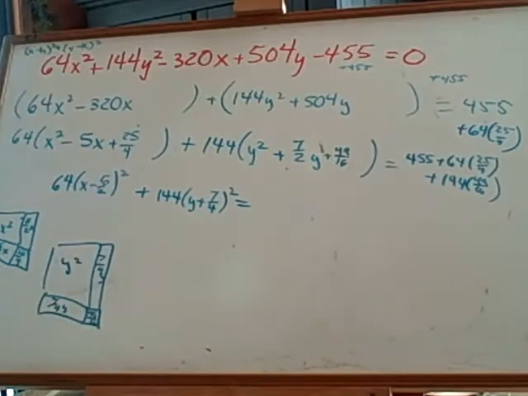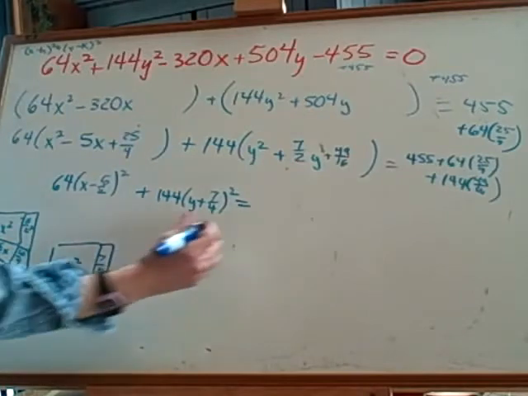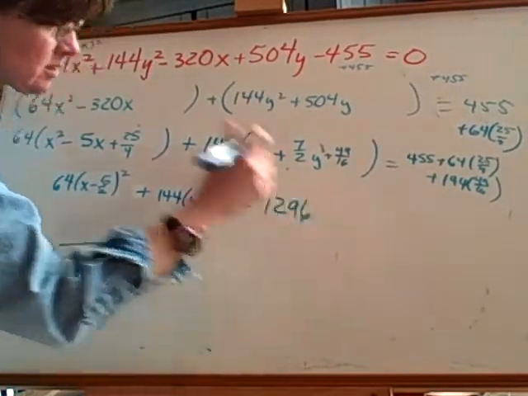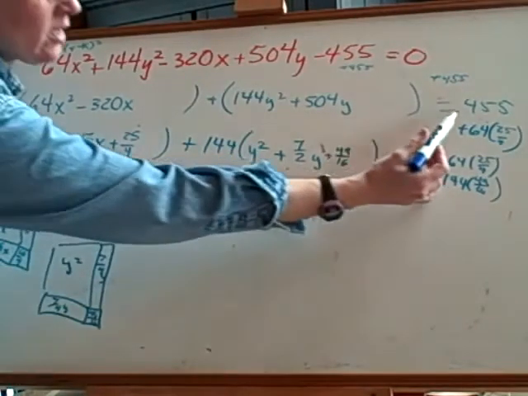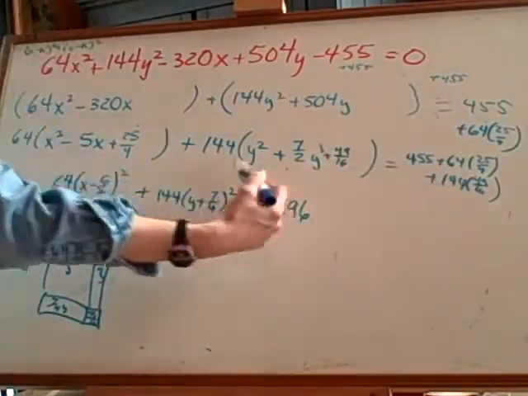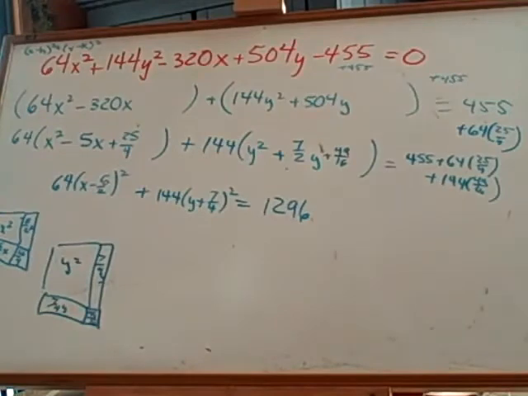I'm going to add 455 to the 64 times 25 divided by 4, and I'm going to add that to the 144 times 49 divided by 16. My total comes out to 1296. All right? But we're not done.